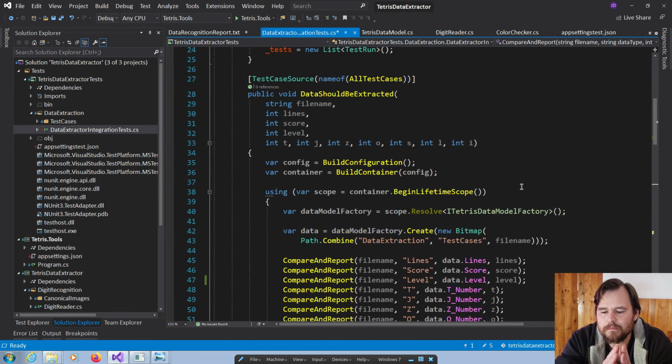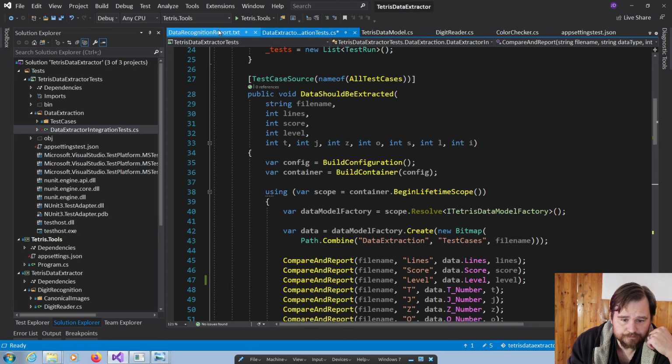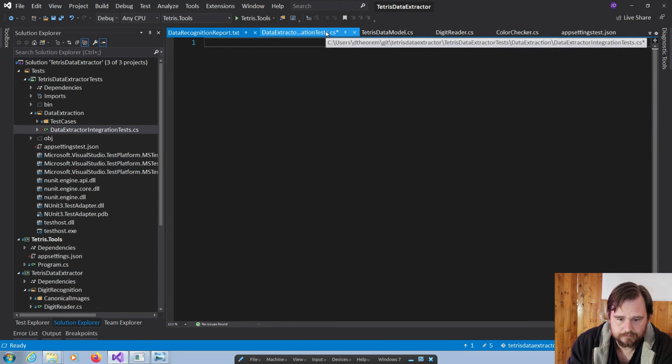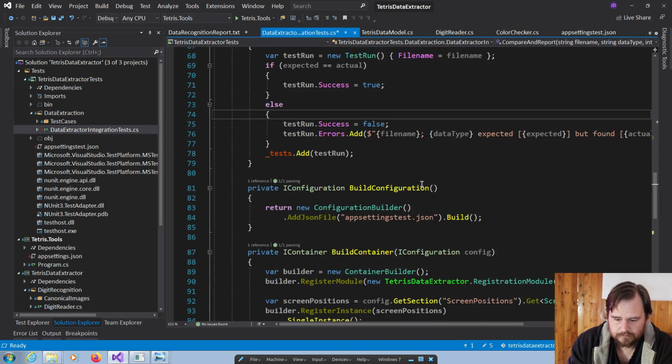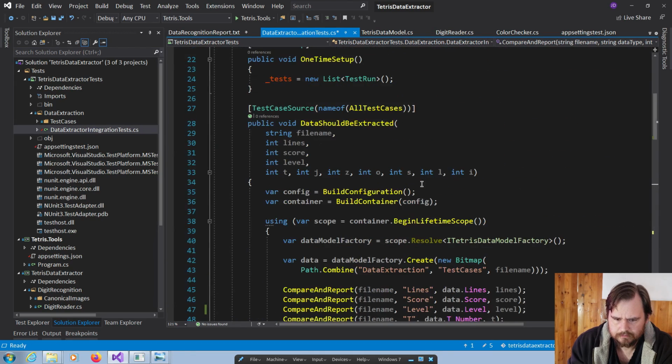I think one of the great things, and I keep saying this again and again, is that the piece counts are the least important pieces of data. It's the lines, the score, and the level that you really, really want. So anyway, did I run it?